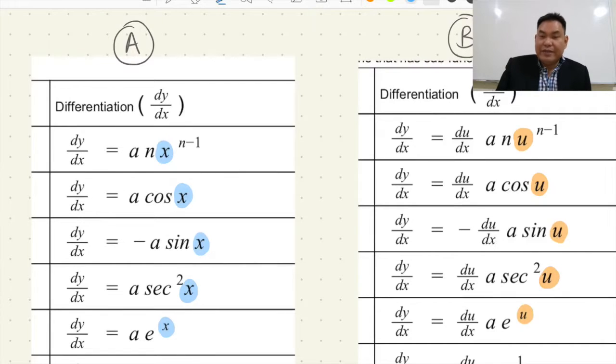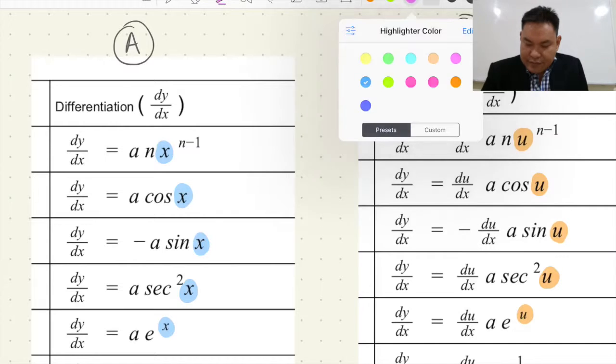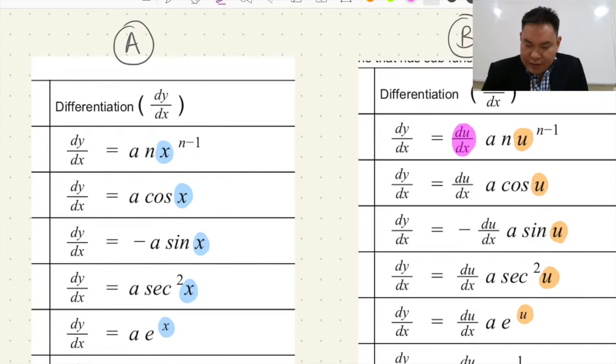You notice the similarity, except for one part where you have the du dx in formula group B; there is no du dx in formula group A.